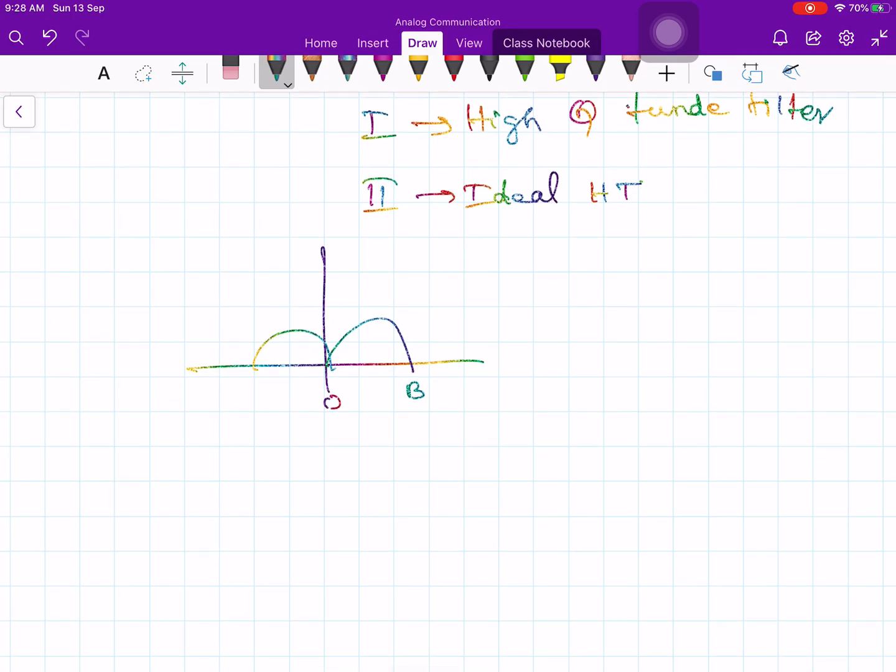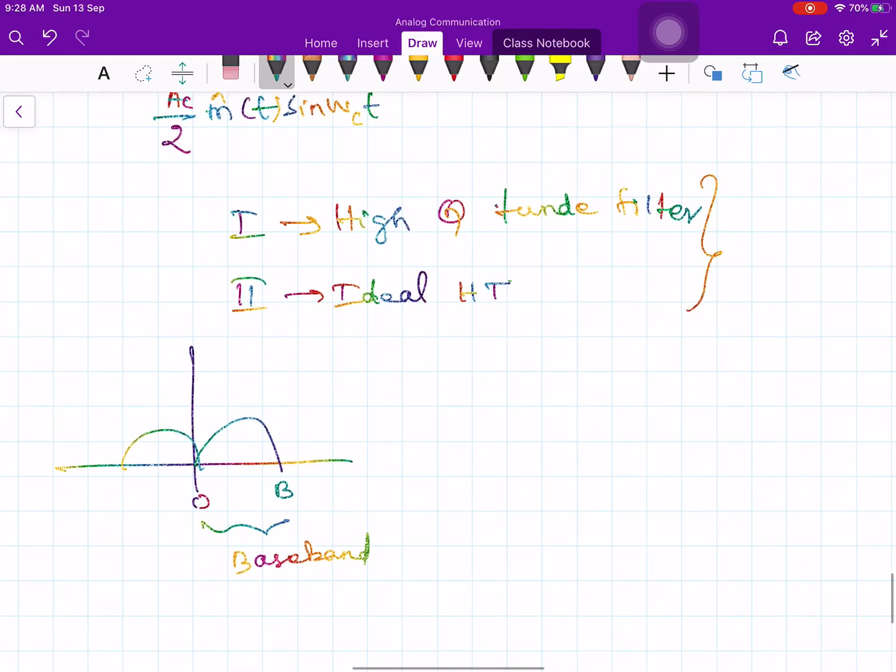However, since the whole operation is done around the baseband, the Hilbert transformer which operates on the baseband 0 to B signal is much easier to approximate than to realize the high Q tuned filters required for the SSB filter. Both methods are used in practice, and both have their own pros and cons. But the second method gives you an alternative.